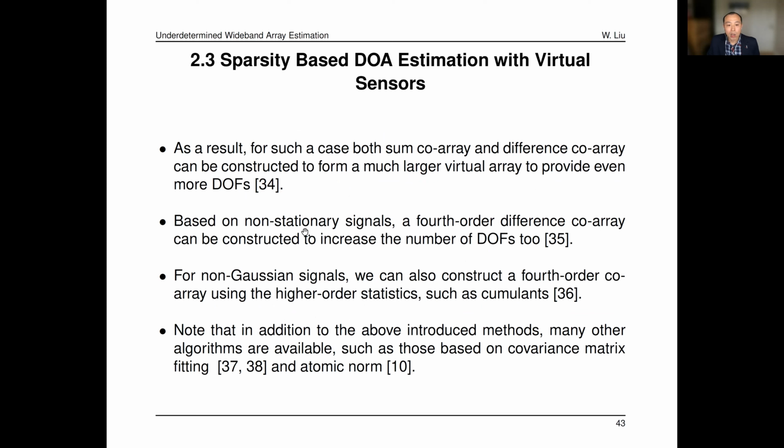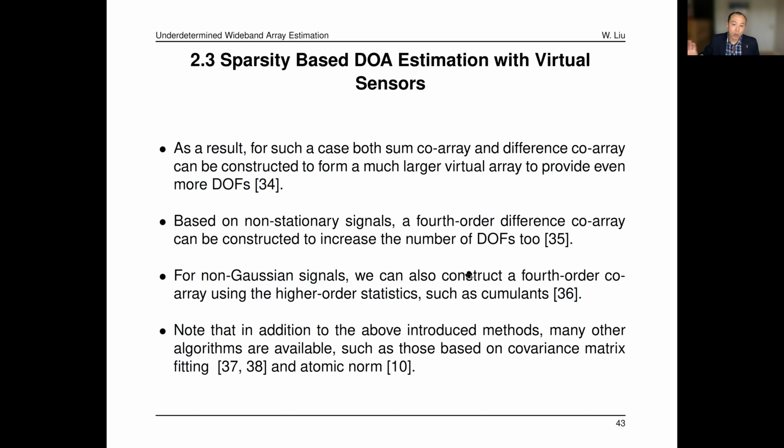Also, if the signals are not stationary, then you can create the so-called fourth order difference co-array. And for non-Gaussian signals, you can also construct a fourth order co-array using cumulants.